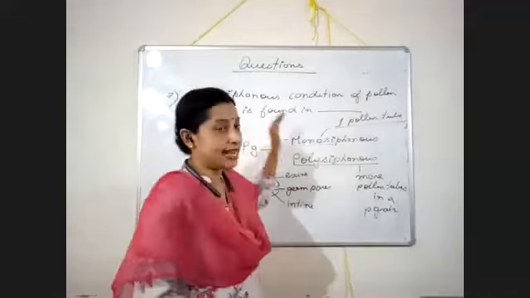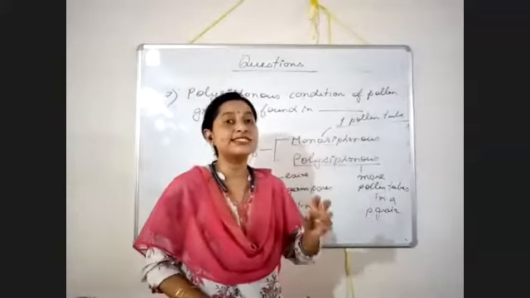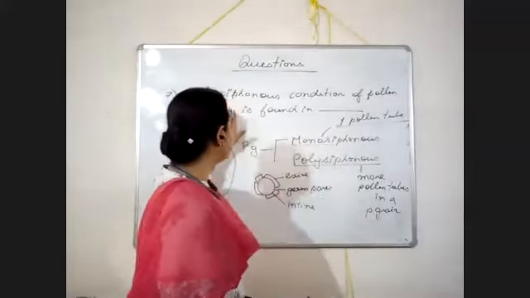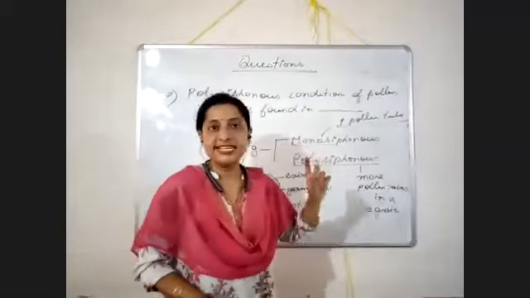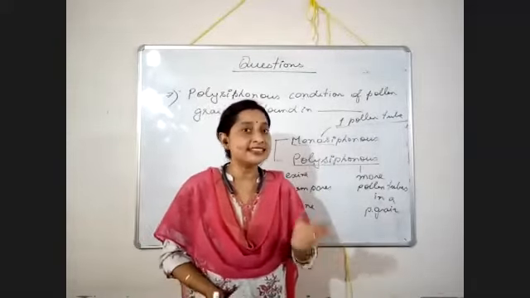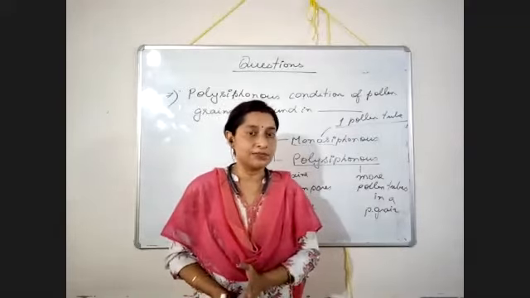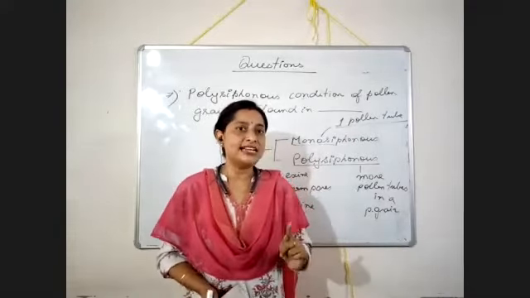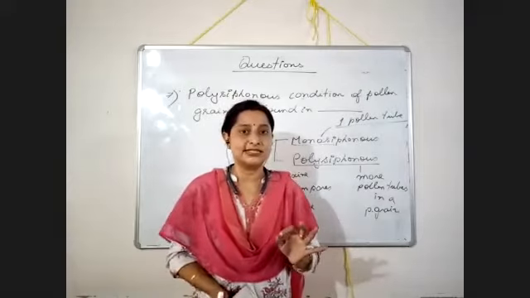But there are certain examples of plants where the polysiphonous condition is also seen, and the question has been asked about polysiphonous. Basic details like how it develops and why it develops are not required in the course. What you need to remember, just one line about polysiphonous, is the example, right?